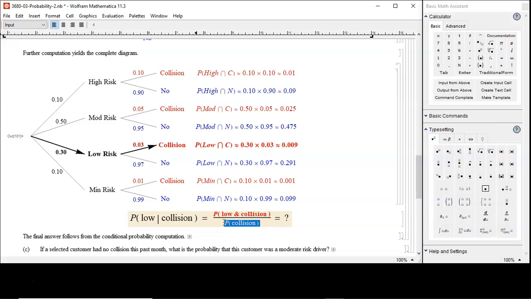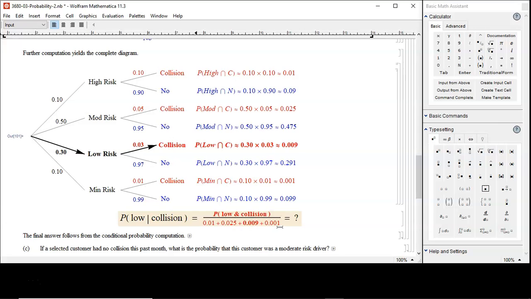So down here, all possible collisions, so 0.01, 0.025, plus 0.009, plus 0.001, all those red put together, and among them, only one of them is the one I really want. The one that came from low risk.